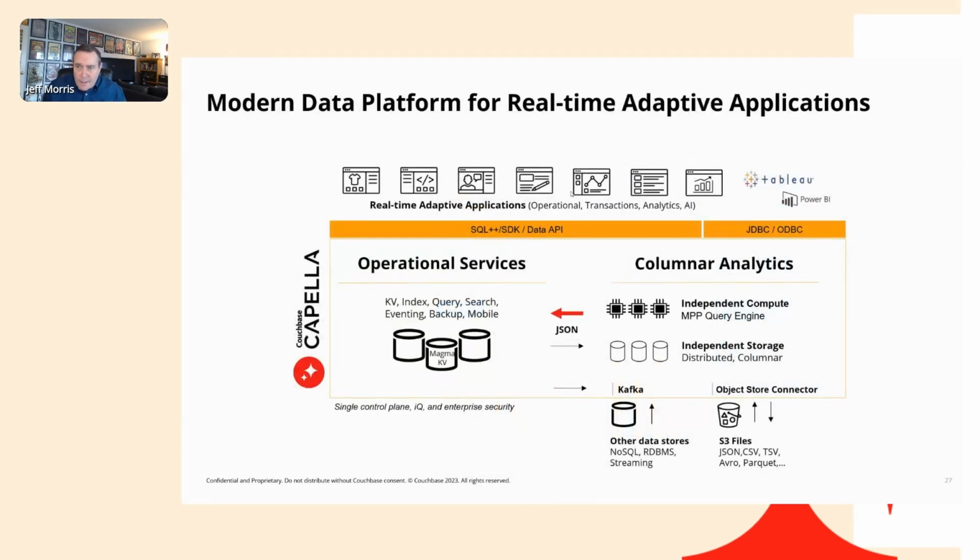And I mentioned Capella Columnar. We just announced this back at re:Invent timing a couple of weeks ago. And so this is a brand new service inside of Couchbase Capella that separates compute from storage, right?